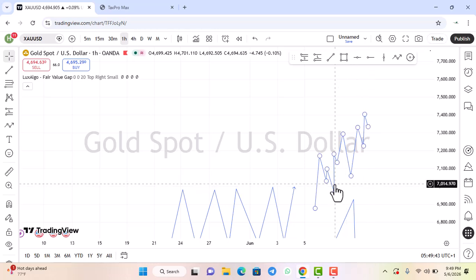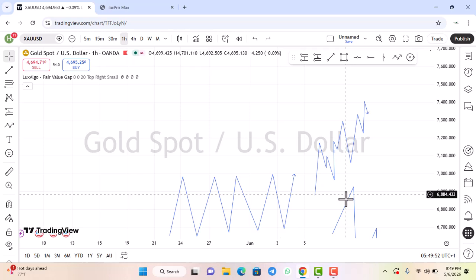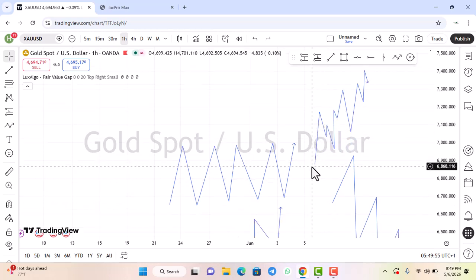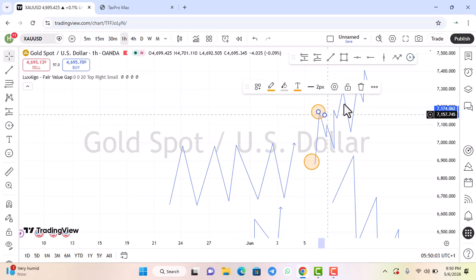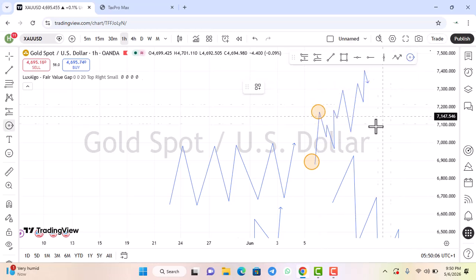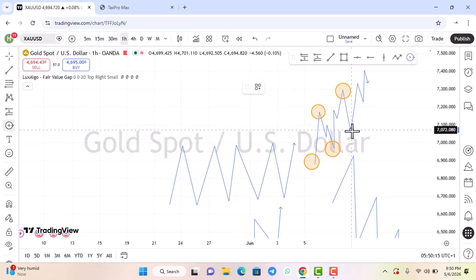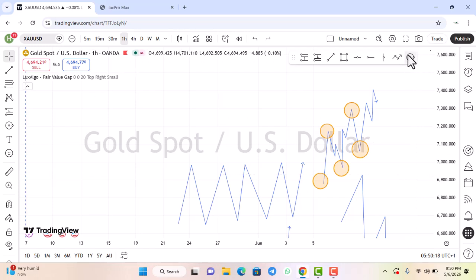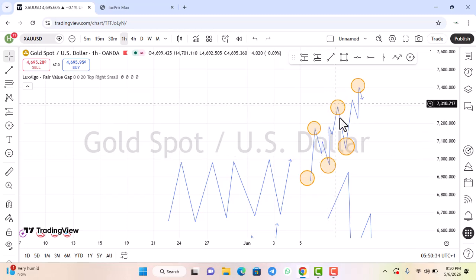Because when the market is trying to move from down to up, it's creating both external structure and internal structure. All right. So we can see from this point here to this point, and then this point, then this point again, and this point, then this point. These points that you are seeing are what we call external market structure, right?